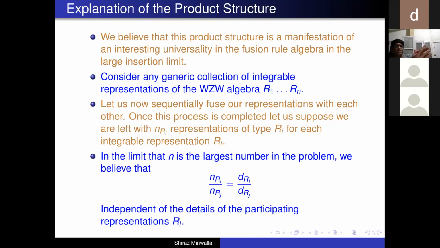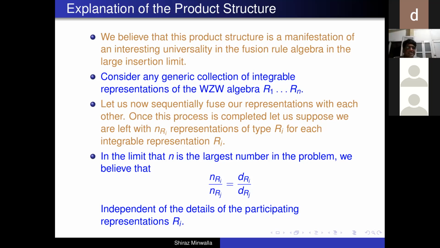I fuse the first two, I get what I get, then I fuse the result with the next one, and so on. Then I ask, if I go through this process, how many representations in representation N1 do I get? How many in N2? How many in N3? And so on. Remember, we only ever get integrable representations, so the set of possible representations is finite.